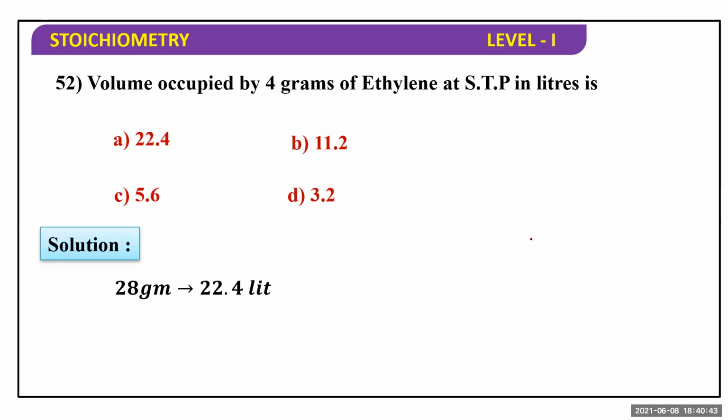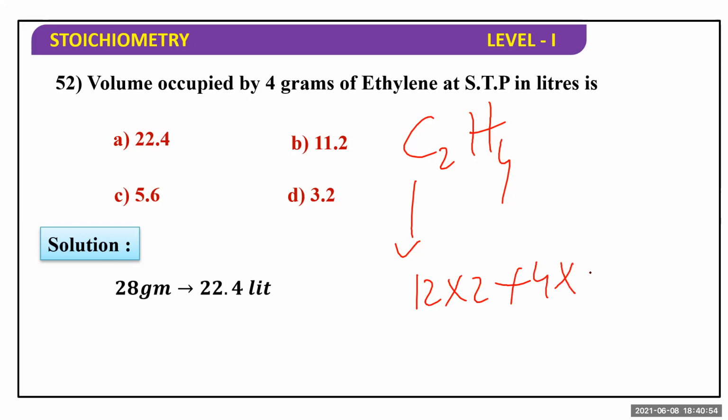For ethylene the formula is C2H4, that is 12 into 2 plus 4 into 1, so this is 28. It is like nitrogen, whose molecular weight is also 28. So 28 gram ethylene equals 22.4 liter ethylene gas. So 4 gram ethylene gas equals 3.2 liter.